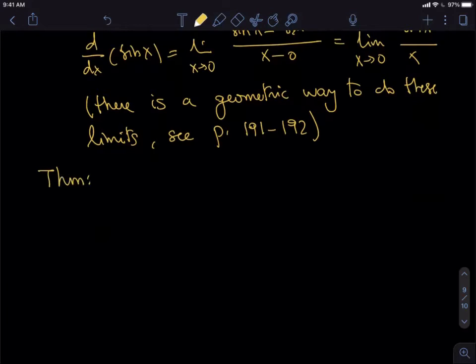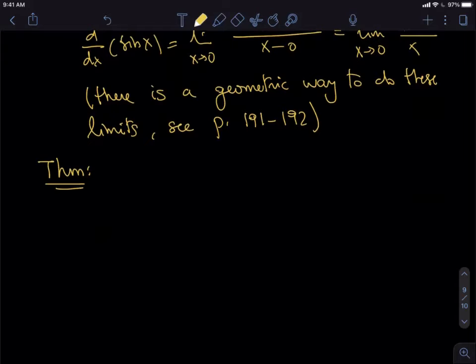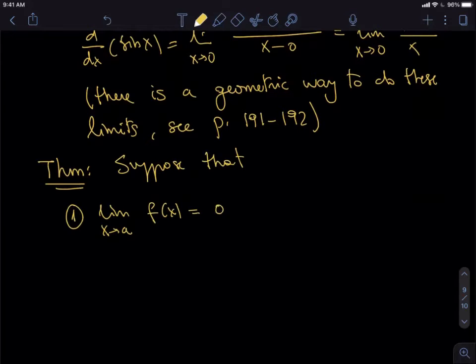So this is very important, so let me call it a theorem. Suppose that, in the two situations where we can apply this, situation 1: the limit as x tends to a of f of x is 0 and the limit as x tends to a of g of x is 0.